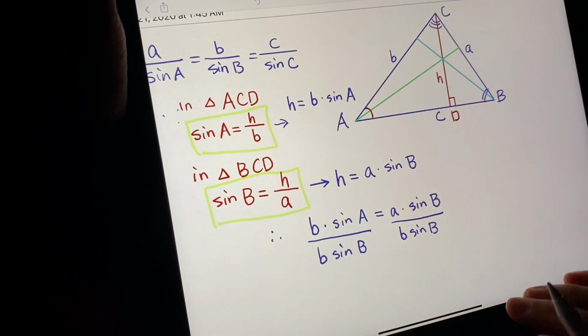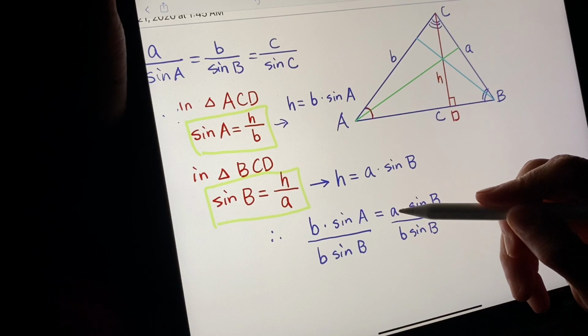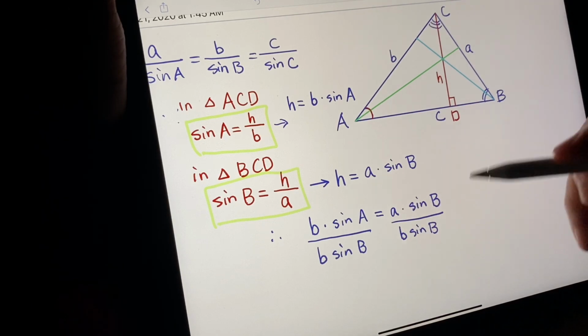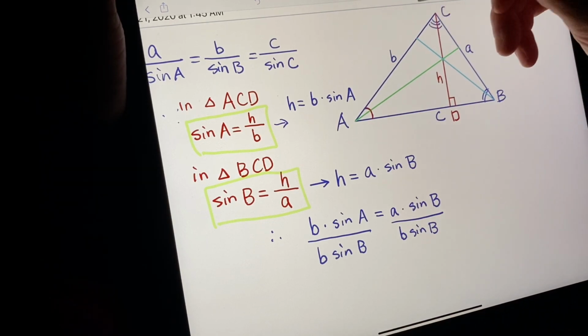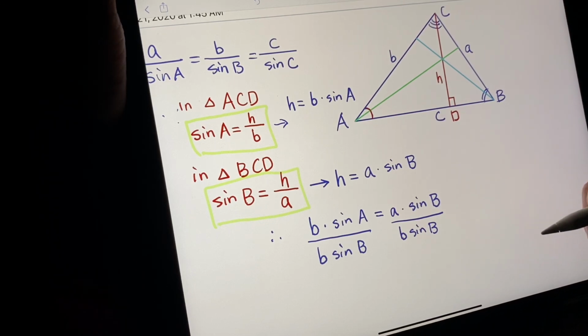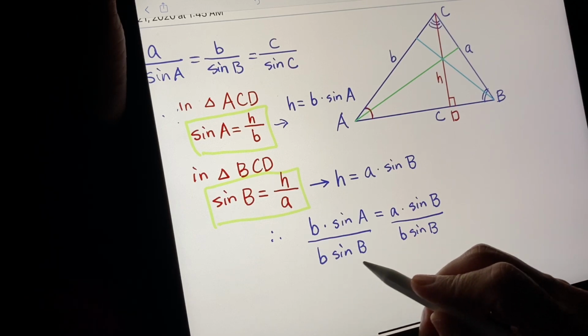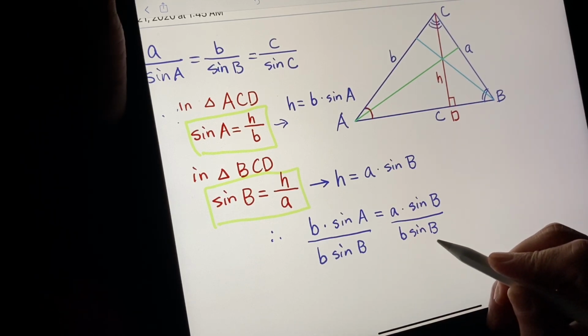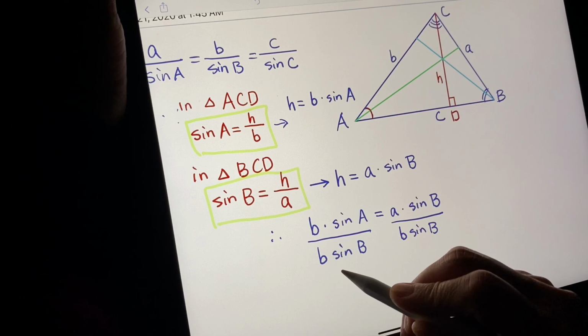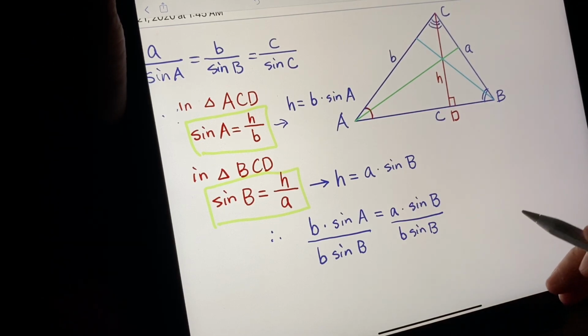Why do I choose it? It's just another way of doing it, because I want to figure out a over b. So here we can do the cross cancelling. We divide by the same number. Did you see? I divide by the same number. I did not change anything. This is an honest operation, right?